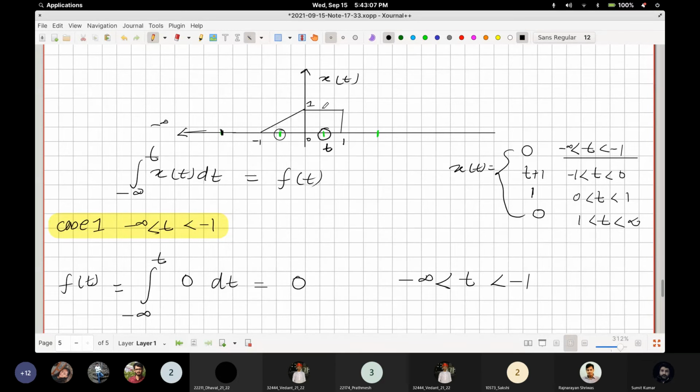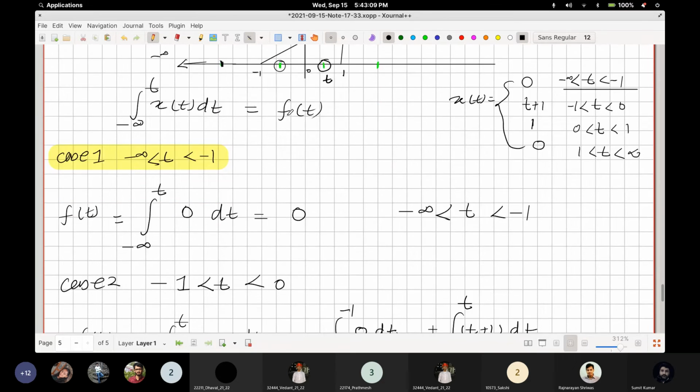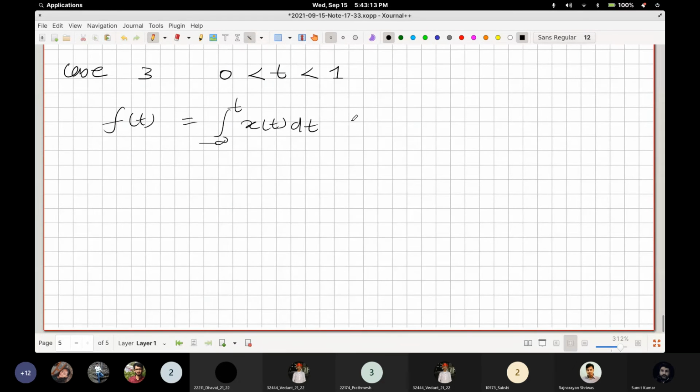So it's changing 3 times in between, isn't it? Let me write this in 3 parts. From minus infinity to -1, it is 0 dt, and then -1 to 0, it is t plus 1 dt, and then from 0 to t, since t is after 0 but before 1, it is equal to 1 dt.